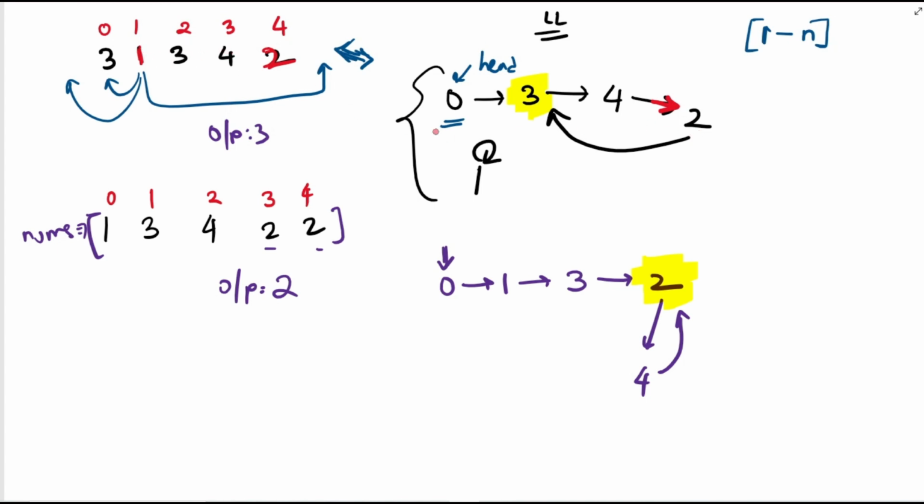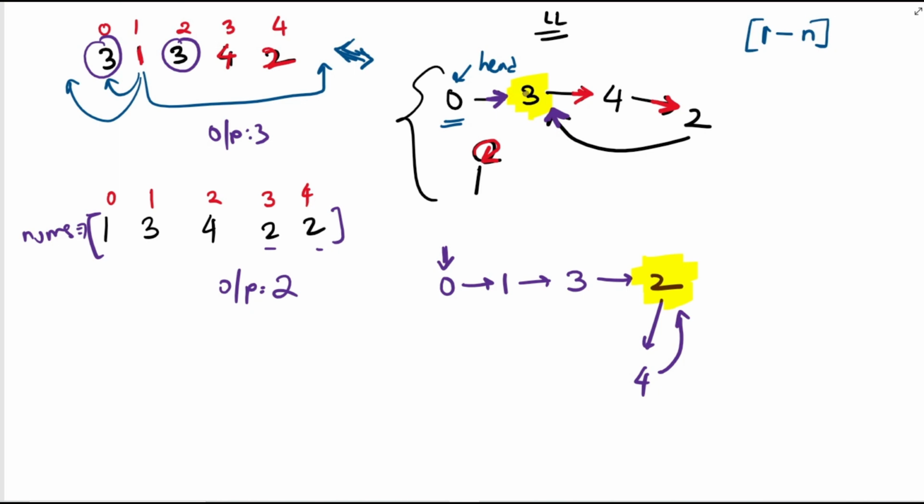Here 1 is appearing only one time, so only one member is pointing to 1. 4 is also appearing only one time, so only one member is pointing to 4. But if you see, 3 is appearing two times. So there are actually two pointers, right? More than two pointers could be there on this particular element, right? So this is the distinction, right?